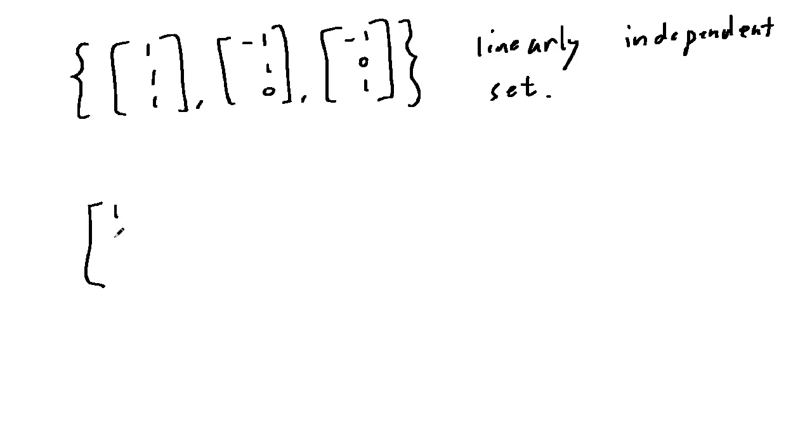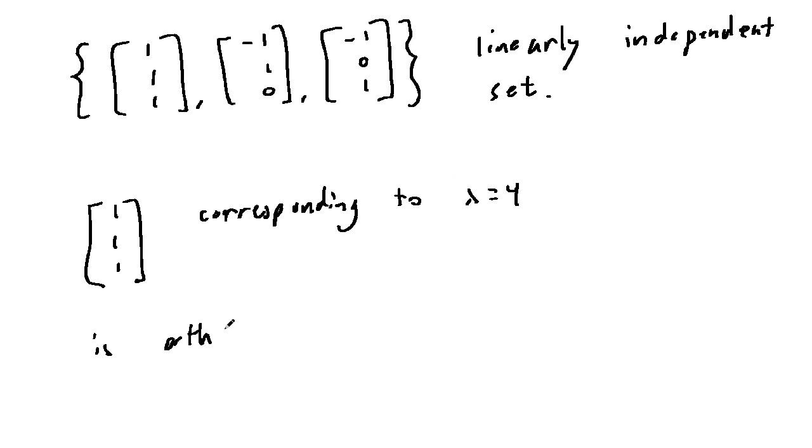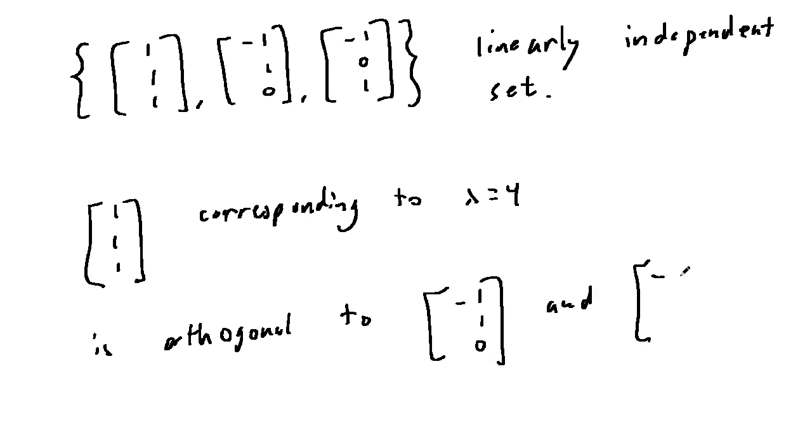The eigenvector 1, 1, 1 corresponding to lambda equals 4 is orthogonal to the eigenvectors given by this and this.